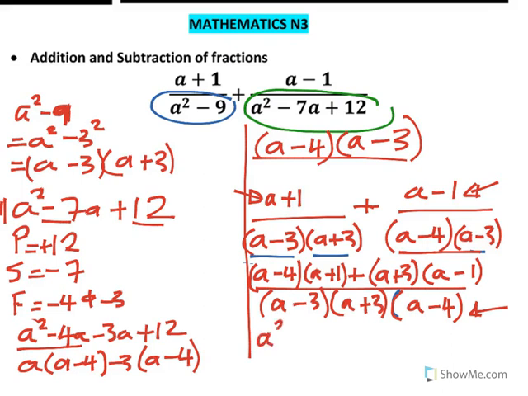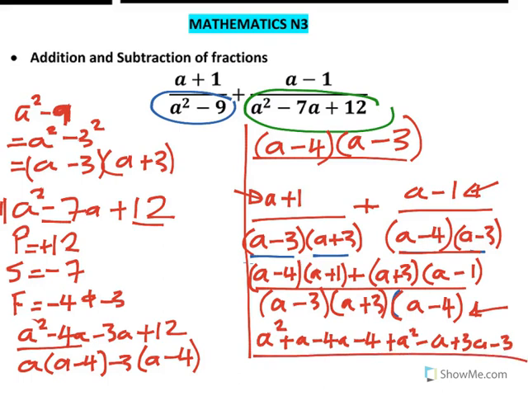You're going to have a squared plus a minus 4a minus 4 plus a squared minus a plus 3a minus 3 divided by our bottom, a minus 3, a plus 3, and a minus 4.